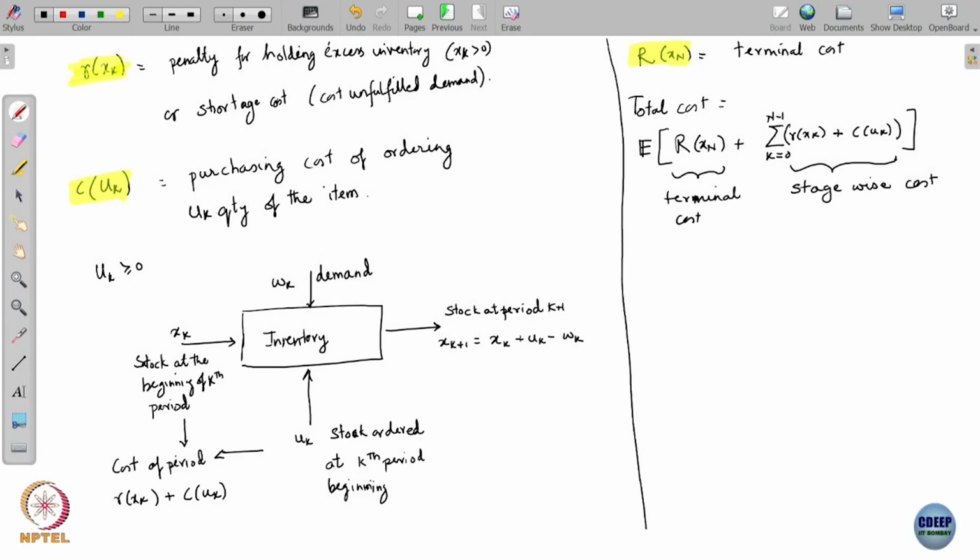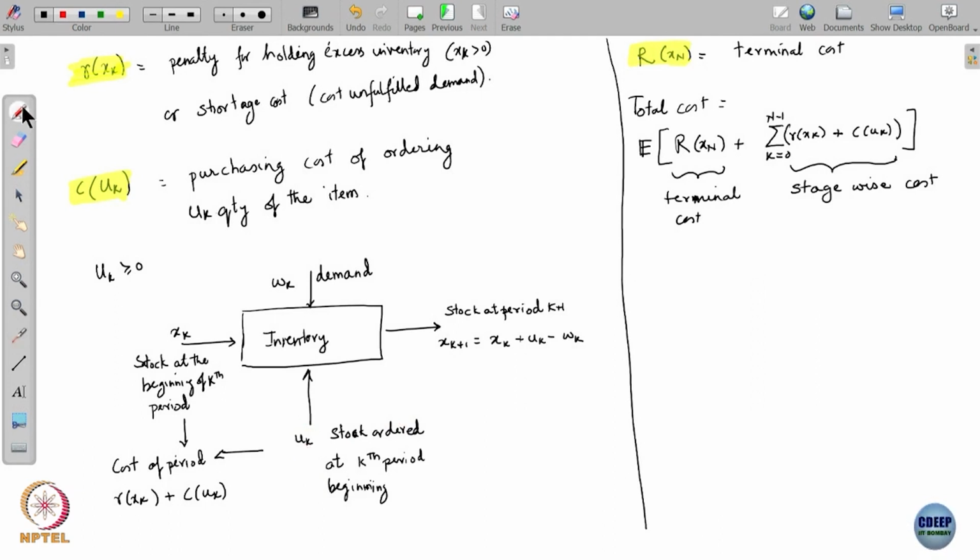Now, what we want to do is decide what should be these actions, or what we want to decide is the amount of stock we want to order at the beginning of each of the n periods denoted 0 to n minus 1, right. So, the amount of stock to be ordered is our decision.